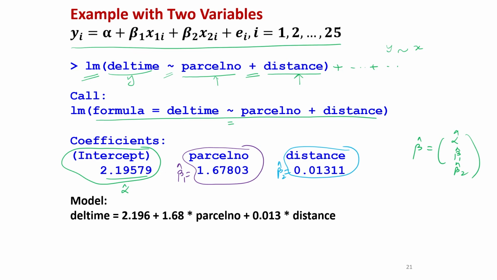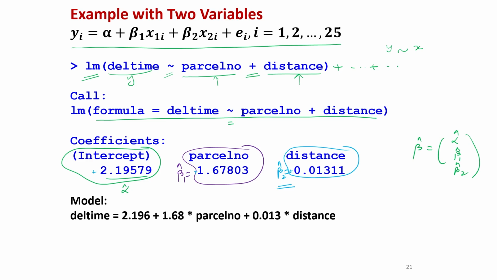The values are indicating, for example, let me start from beta 2 hat. Beta 2 hat is 0.01311. If you notice, the sign is plus in all these coefficients, right. I can tell you that if the sign is negative, that means the relationship is decreasing.